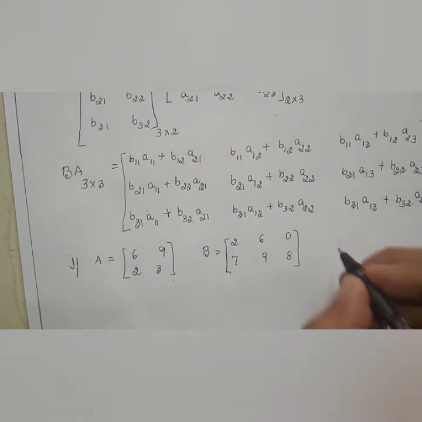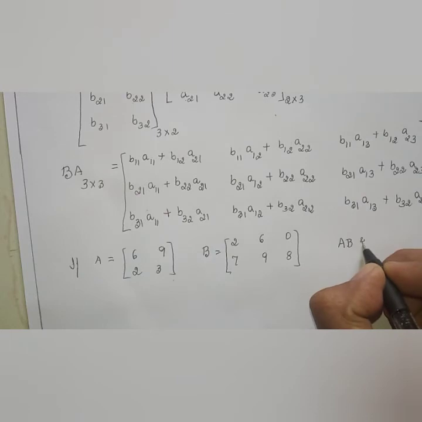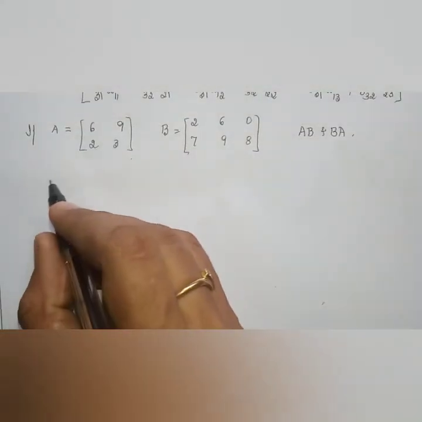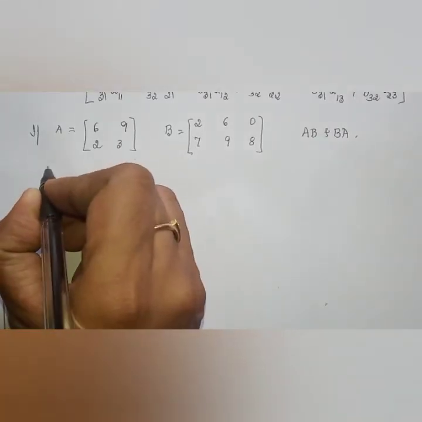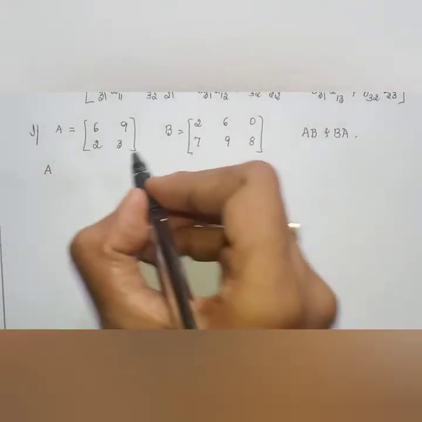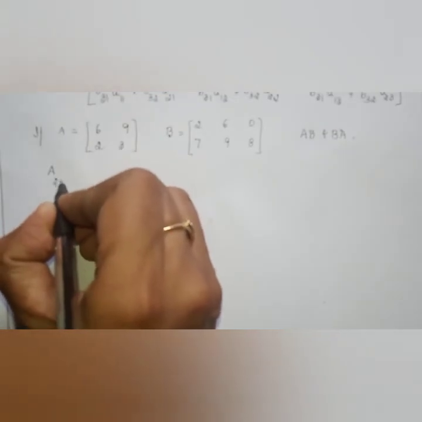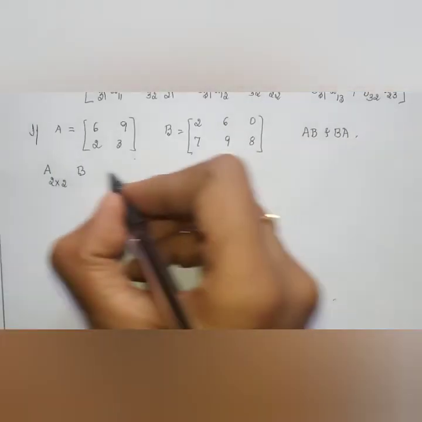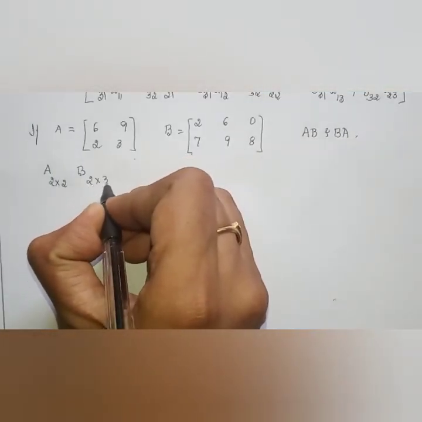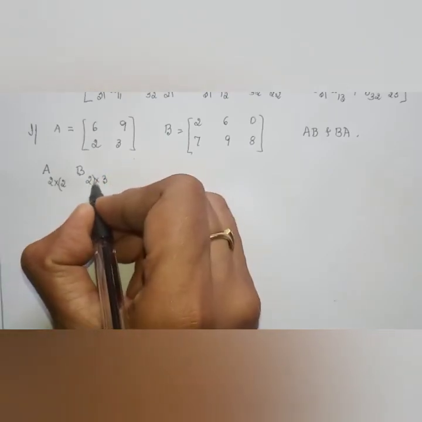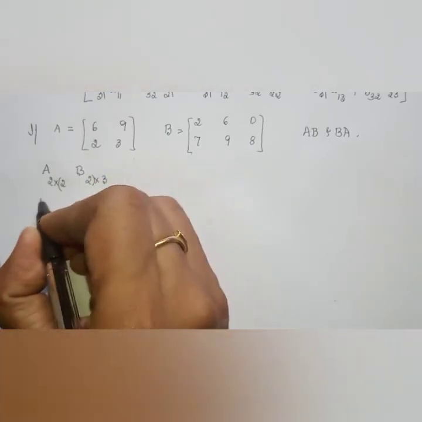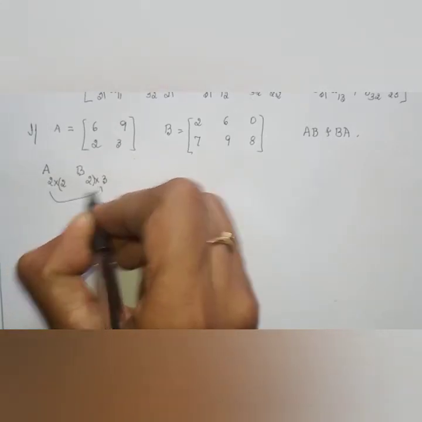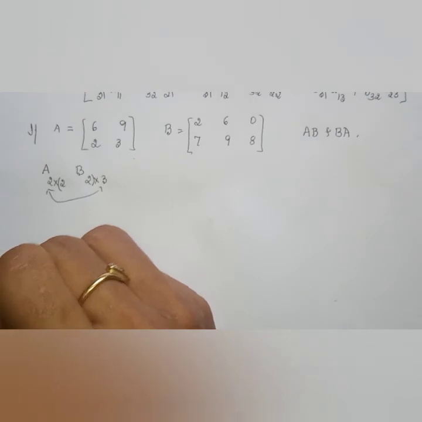Now check whether AB and BA exist. Let us check AB. The order of the matrix A is 2 by 2, and the order of B is 2 rows, 3 columns. So the middle two numbers are the same. Therefore, the product exists and is of order 2 by 3.